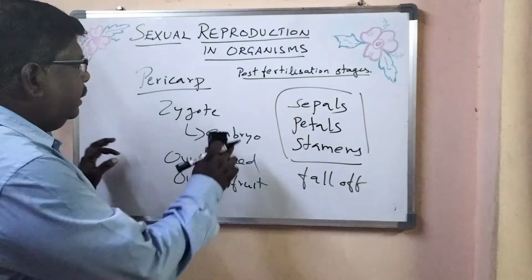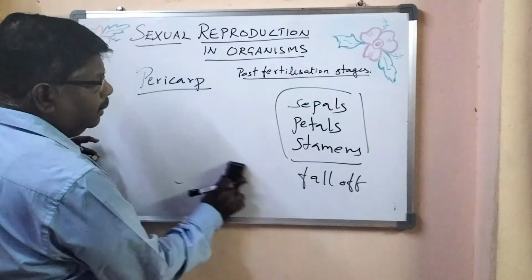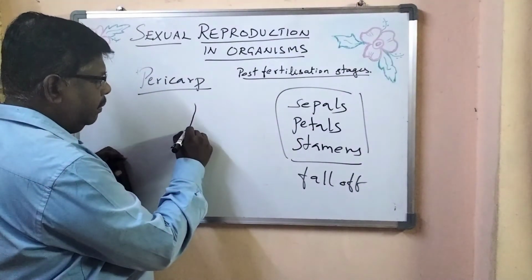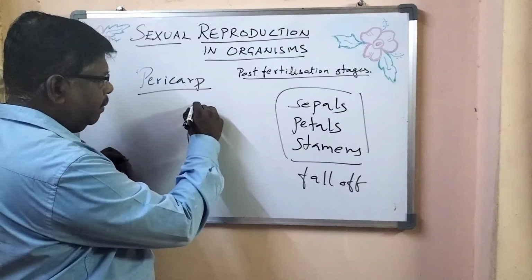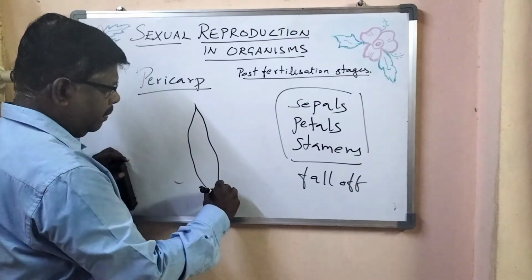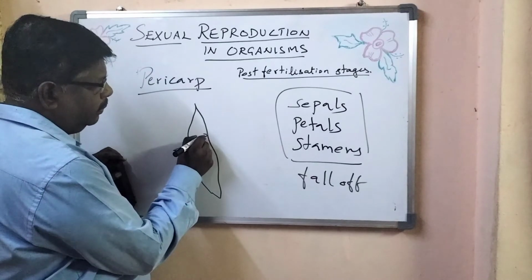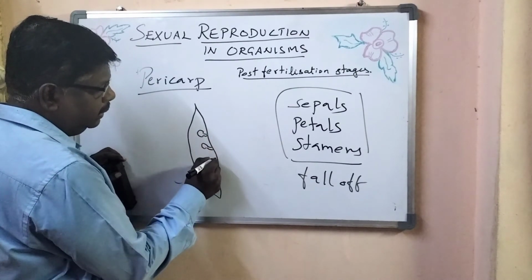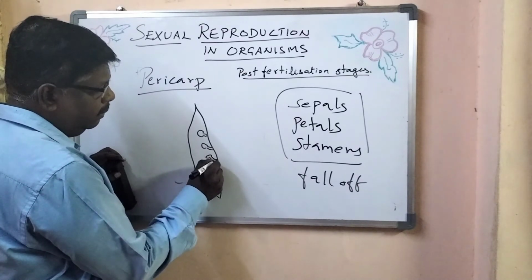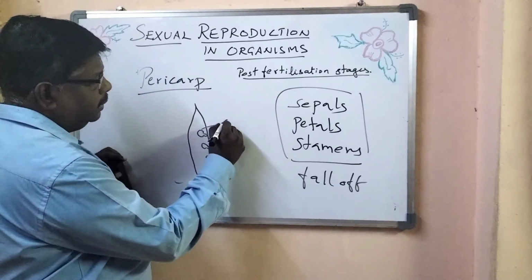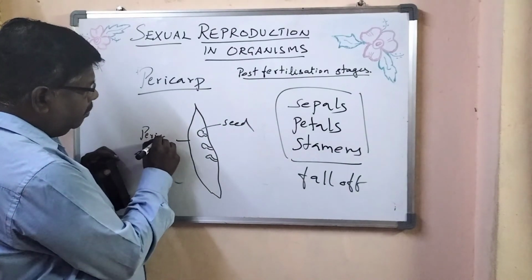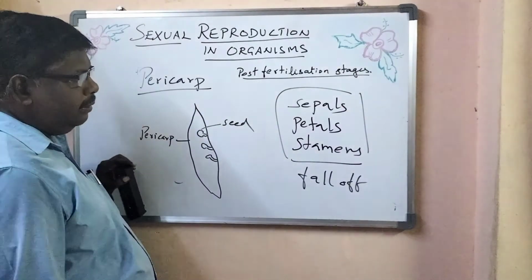For example, it will be like this. Say, it's a bean. This refers to the seed, and this refers to the pericarp.